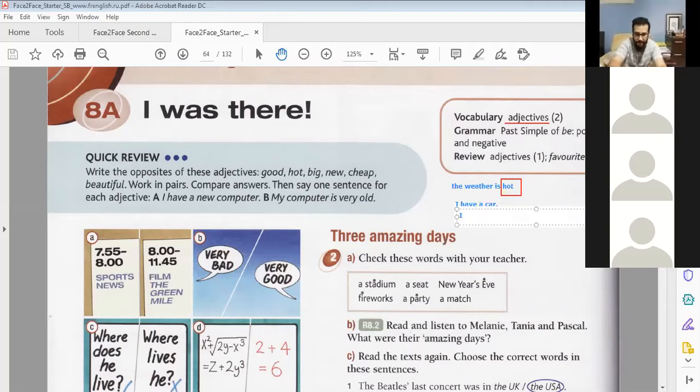Yes. I have a red car. إذا وصفنا السيارة بلونها، والألوان كلها تعتبر adjectives. All the colors are adjectives. لأنك قمتي بوصف الكار باستعمال كلمة ثانية. أوكي؟ فهذا المعنى كلمة adjectives.